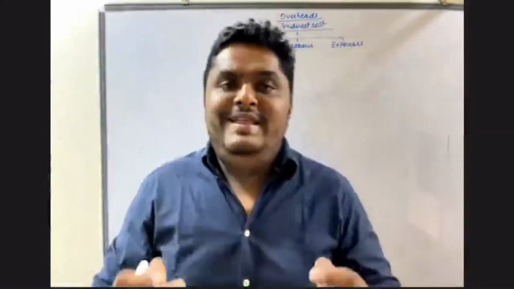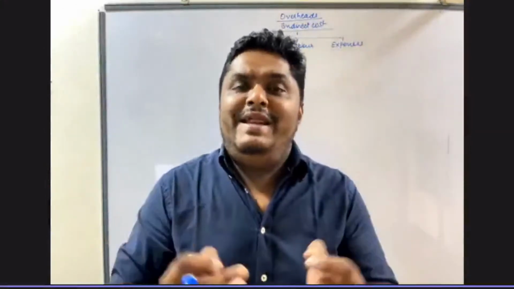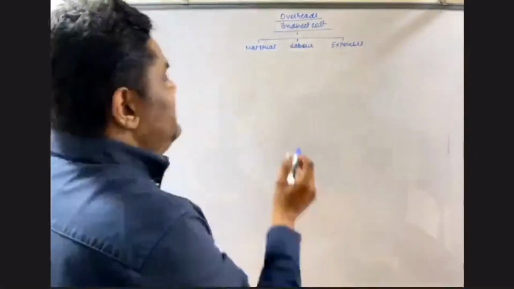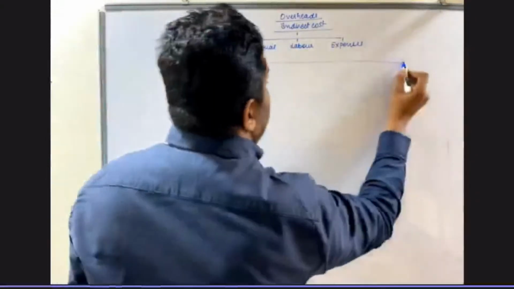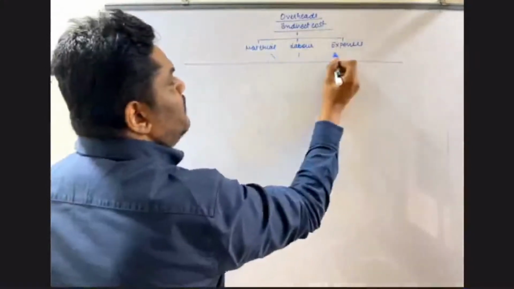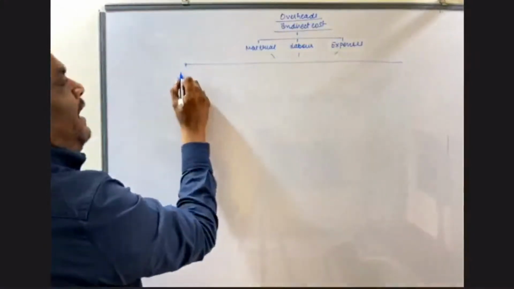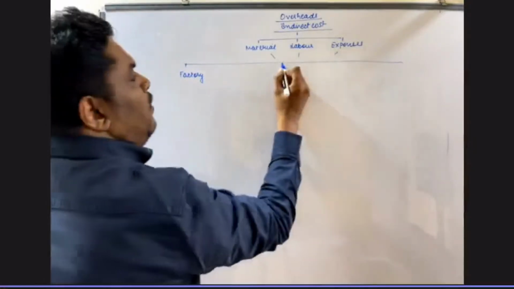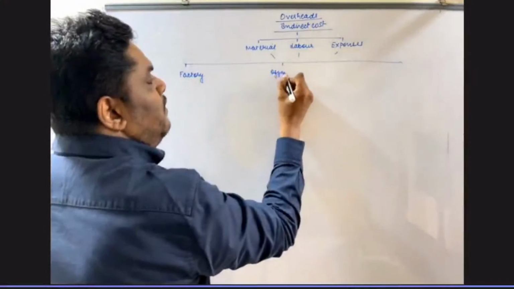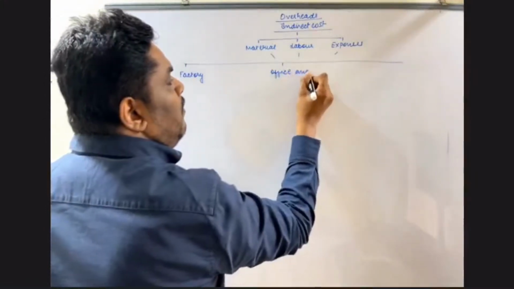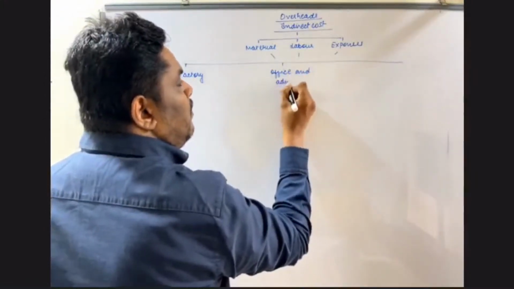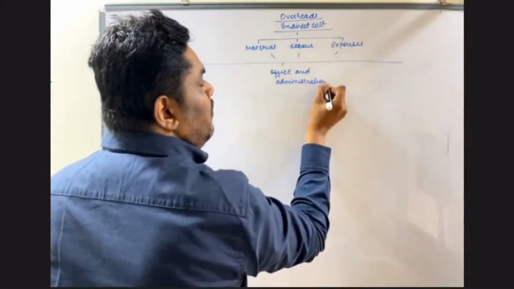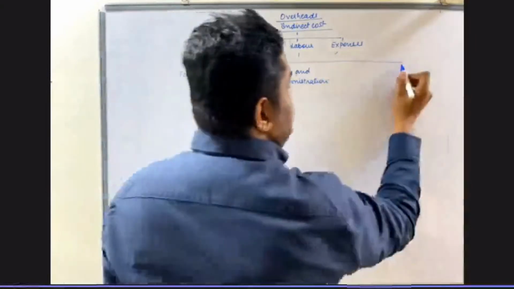Now, this indirect material, indirect labor, and indirect expenses can be incurred at three stages: at factory level, at office and administration level, and selling and distribution level.